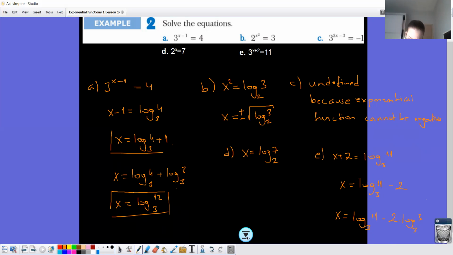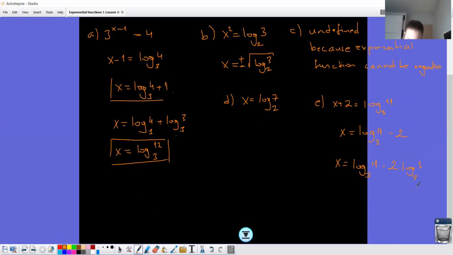Now I can take these two as power of 3, so I will have x is equal to logarithm of 11 to the base 3 minus logarithm of 9 to the base 3. Then because you have the same bases with minus between them, you can write this one as logarithm of 11 over 9 to the base 3.